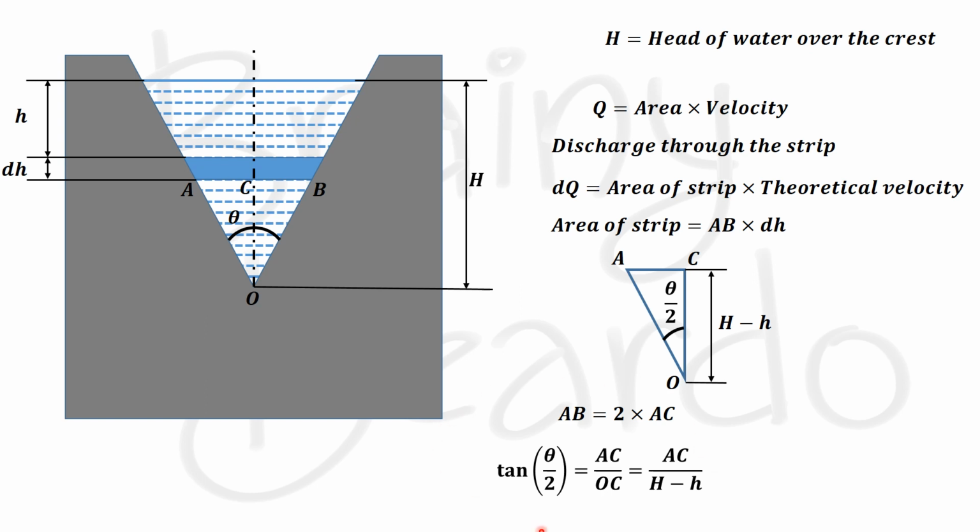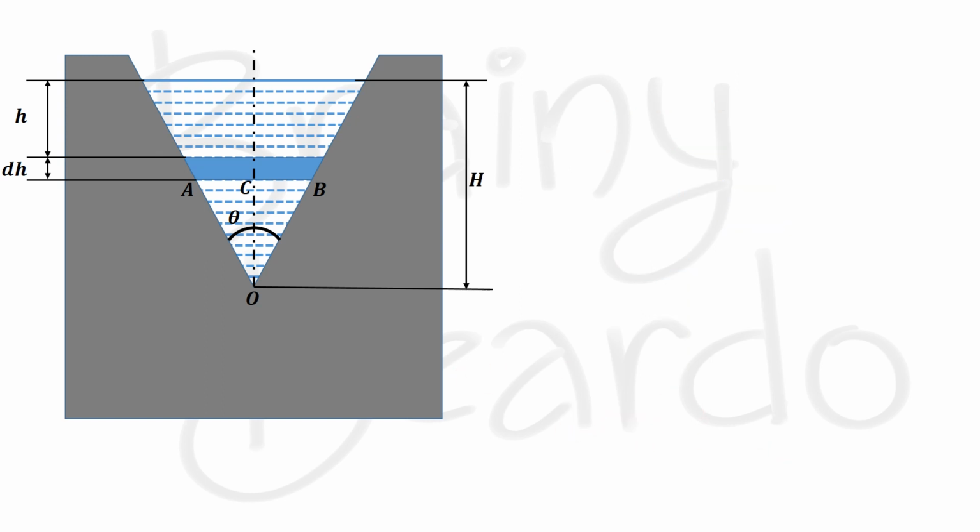From this equation, we find AC is equal to capital H minus small h into tan theta by 2. Now, when we substitute this value of AC in this particular equation, we get AB is equal to 2 into capital H minus small h into tan theta by 2.